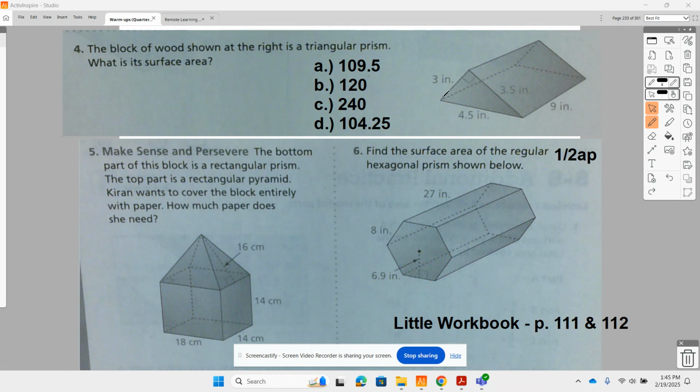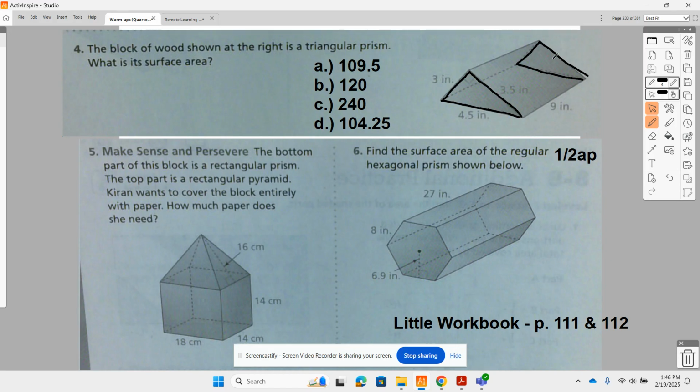So number 4 is surface area, of course, but remember our trick was to make sure that we included the base and the height of our triangle. We had some trouble with that because sometimes it's not obvious which is the base and which is the height. So look at this little triangle here.